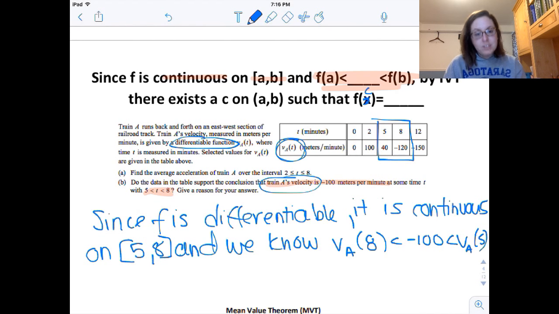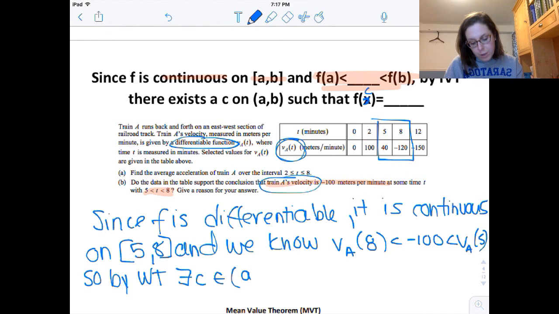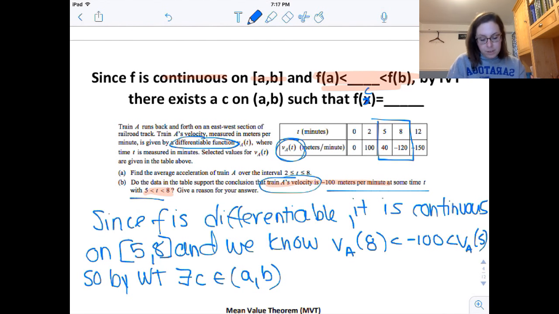So it's intermediate. So by IVT, there exists a c on the open interval from 5 to 8. And notice I'm literally copying this. Open interval, such that VA of c equals -100.